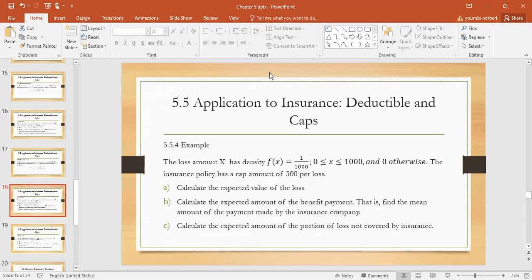We have three questions: expected loss, expected payment, and expected amount not covered. I cannot do this directly, but actually, this is just to keep in mind because I'm going to change the screen. So the expected amount not covered.